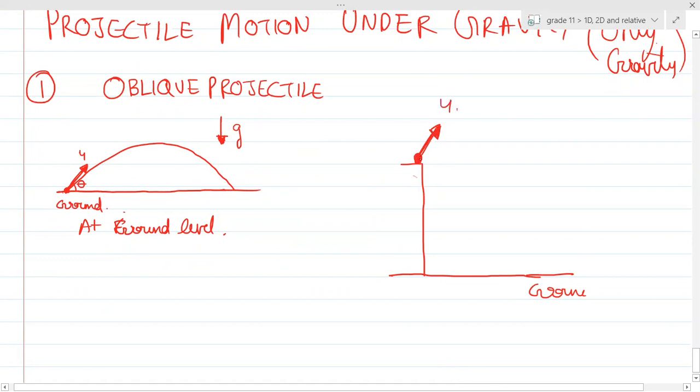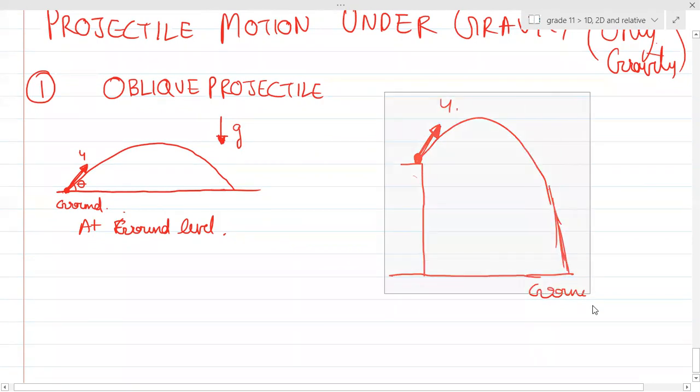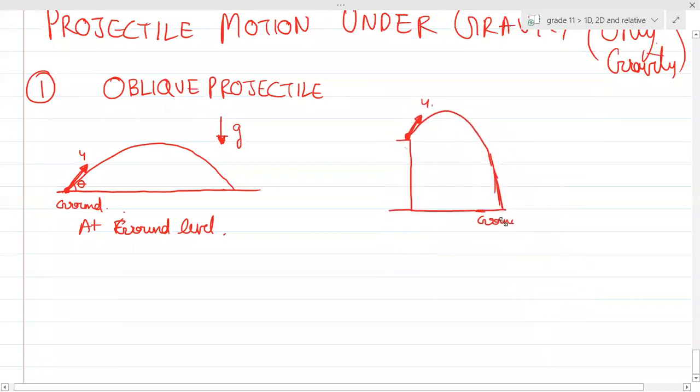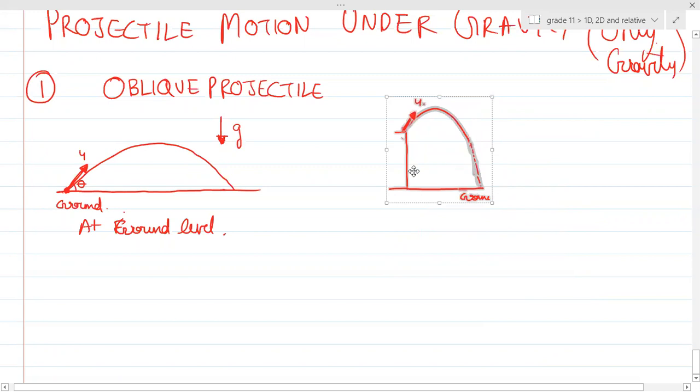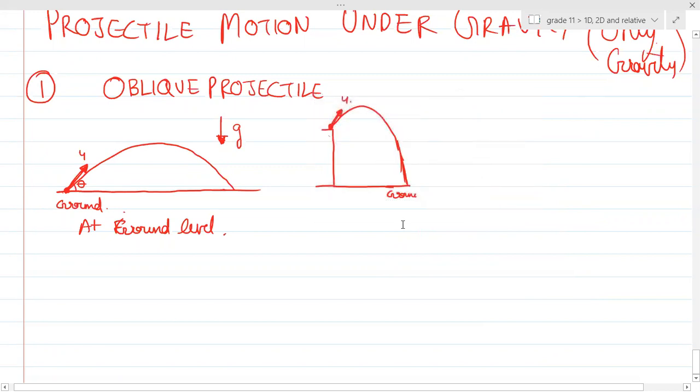I can throw it like this, right? It will go like this. Yes or no? So this is also a part of the oblique projectile, but this is oblique projectile from a certain height. We'll not be studying every individual case. The questions can be based on this.